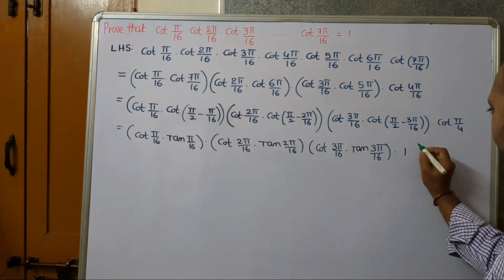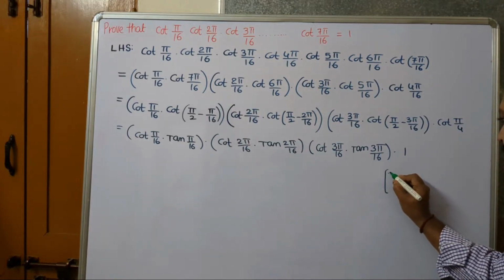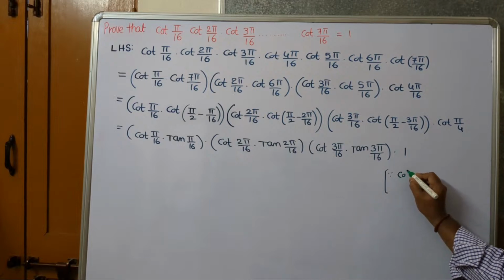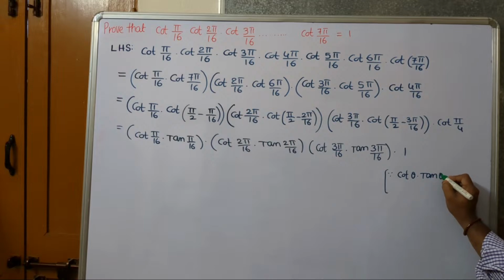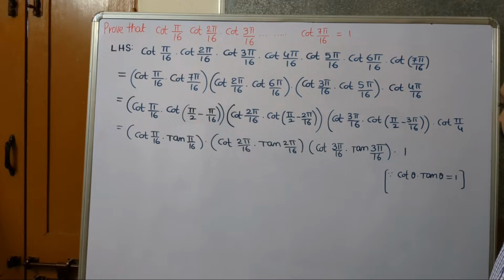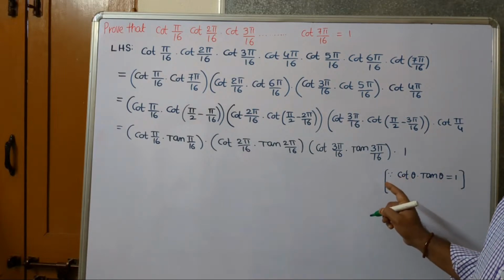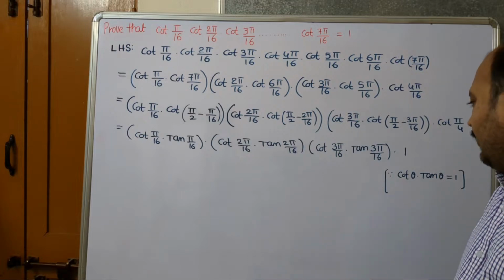We know that cot theta into tan theta value is equal to 1. We did a number of problems in the previous sessions. So cot theta into tan theta, here theta should be the same, then the product of these two values is equal to 1.